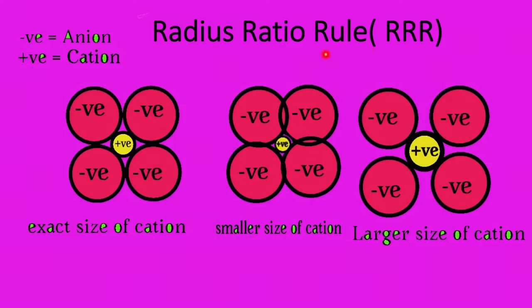This radius ratio rule is exactly to tell what should be the size of the cation with respect to the anion. The ionic bonding completely depends upon electrostatic force of attraction between anions and cations.